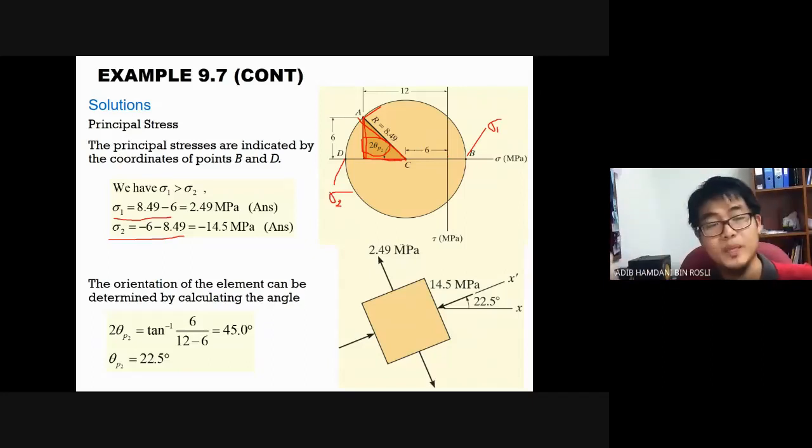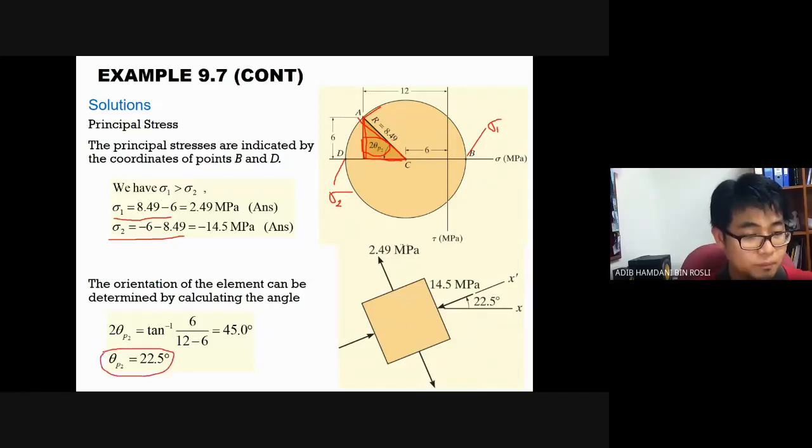Of course, if you rotate to B, then it becomes 2 theta P1, right? But this one, you rotate from A to D, so point D is sigma 2, so it is 2 theta P2, right? Why 2? Because remember, in the Mohr circle, it is twice the angle of the original state of stress. So you can find this angle. Tangent 2 theta P2 equals 6 over 12 minus 6, and then you will have your theta P2 as 22.5.